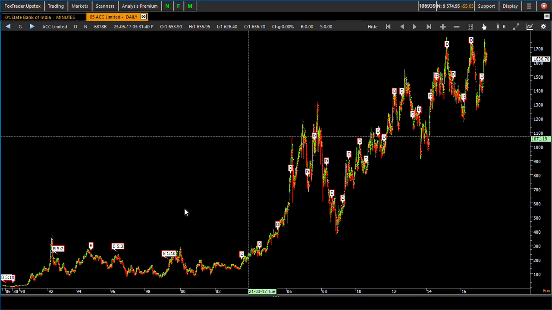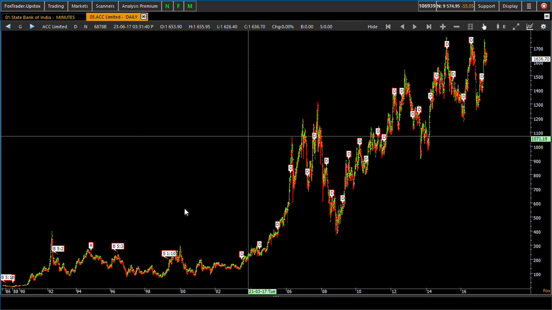So when you subscribe to Fox Trader, the EOD data you get for all the scripts is right from its inception, and intraday data you get for the last 500 days. The reason we give you such huge data is that any trading model which you build, you can backtest over a period of time which would include an uptrend phase, a downtrend phase, and different sideways phases.